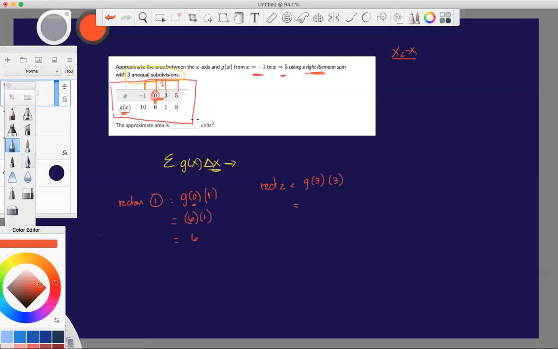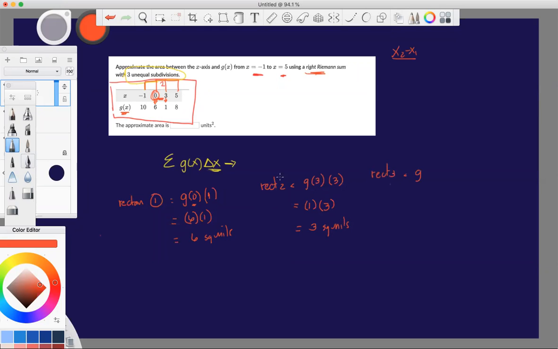So if x is equal to 3, your g sub x will just be equal to a value of 1, multiplied to 3. So 1 times 3, that would just give us 3. By the way, these are all square units.